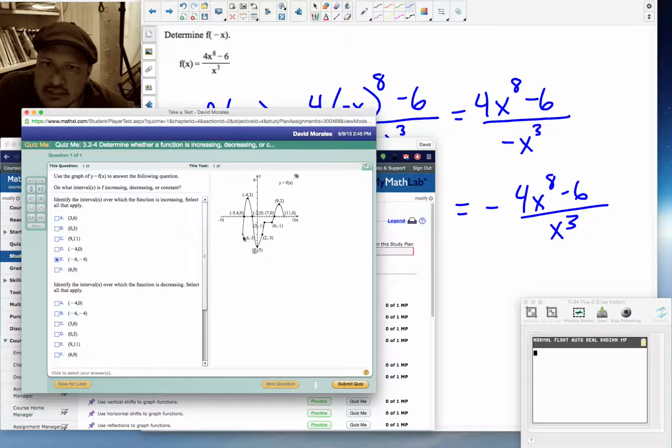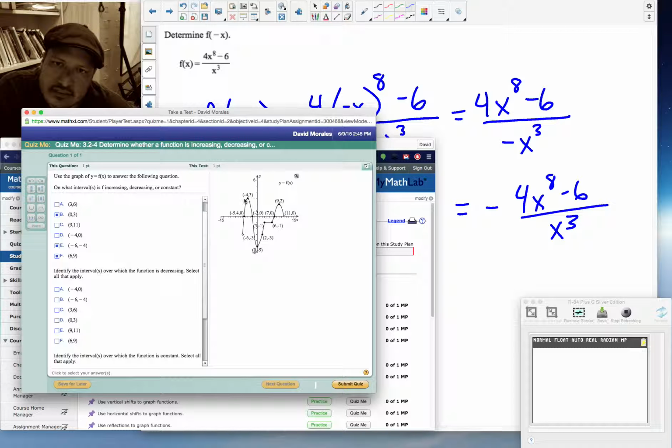It's also increasing right here from 0 to 3. That's the point 3, negative 1. So from 0 to 3 it's increasing, and it increases from 6 to 9.